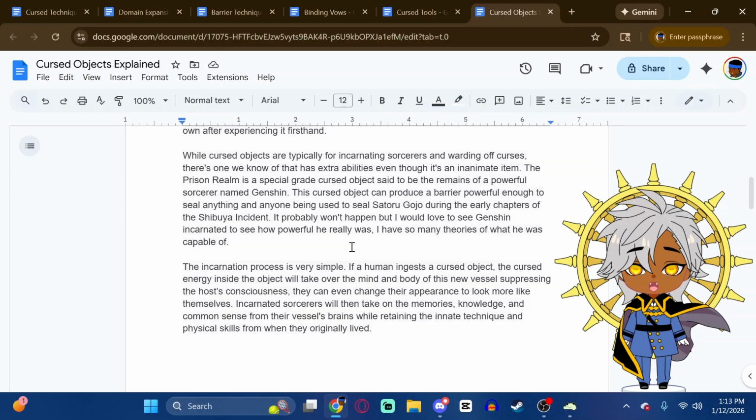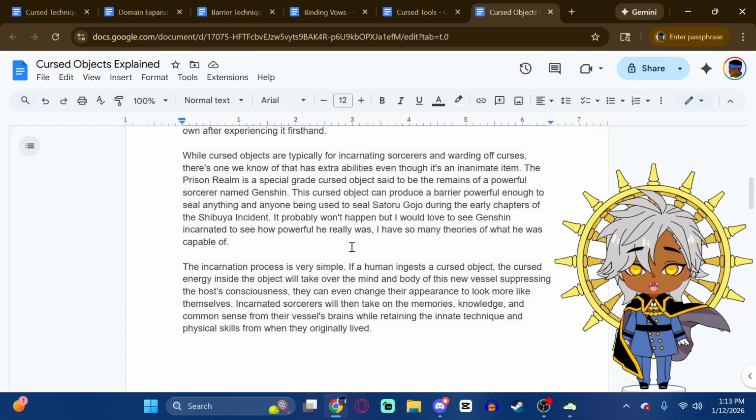But because the sorcerers placed specific totems in areas, it allowed them to create a stronger binding vow on that, which allowed them to basically say, oh, Gojo can't come in, because now there's a higher risk that Gojo would be able to come in if those totems were destroyed, if that makes sense. So increasing the risk factor made the binding vow that they could place on the barriers stronger.